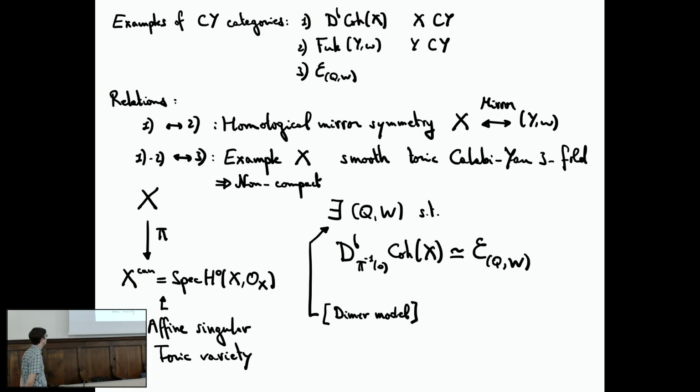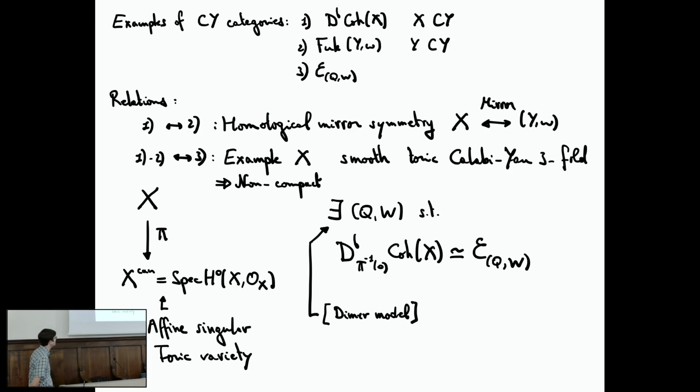In this case, you can think of the derived category of coherent sheaves on X which are set-theoretically supported on the fiber of this map over the origin. This affine singular toric variety will have a unique torus fixed point, which I denote by 0. And this map contracts a bunch of curves and surfaces to this point.